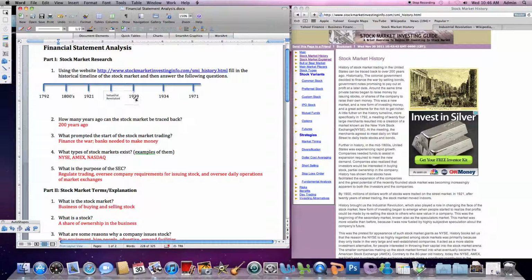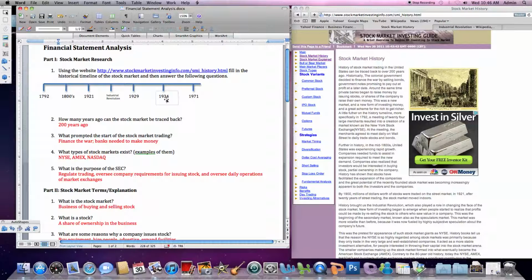By 1929, so much activity had gone into the stock market, it was not regulated by any agency, and the stock market, because of numerous reasons, crashed in 1929 and brought about the Great Depression.